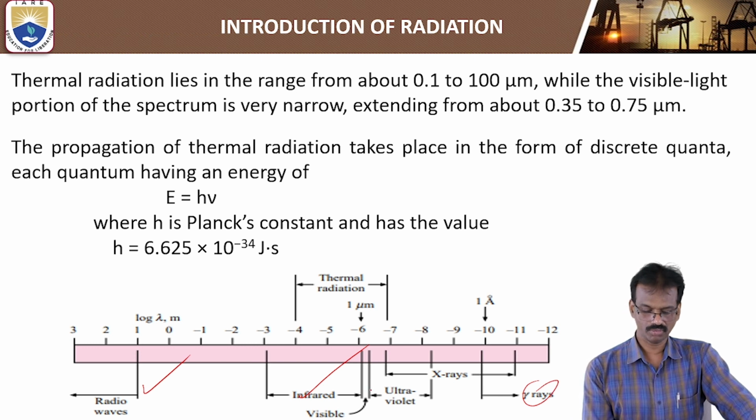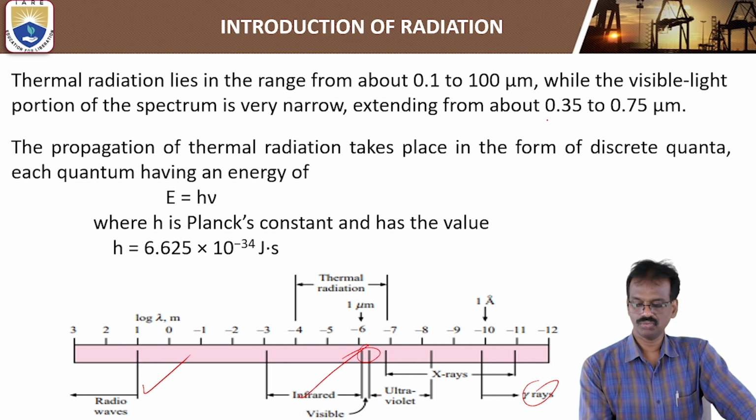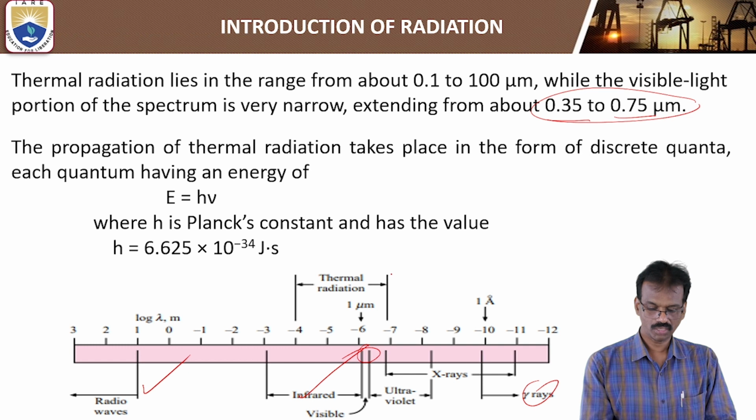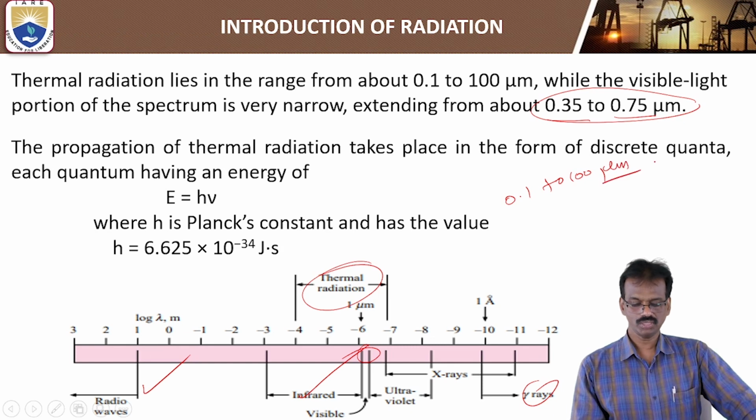This is the wavelength region, 0.35 to 0.75 microns, very small, in which visible light occurs. Thermal radiation range is equal to 0.1 to 100 microns. These are the ranges.